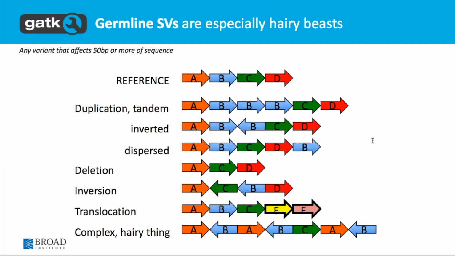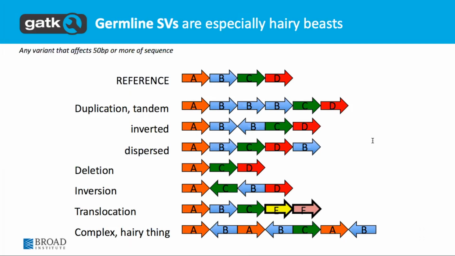And so finally, structural variant calling. There are a lot of different flavors that come in. Here are some examples. If this is your reference on top with these four different regions, you may have a duplication or deletion.